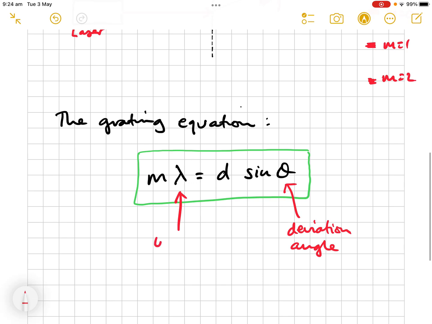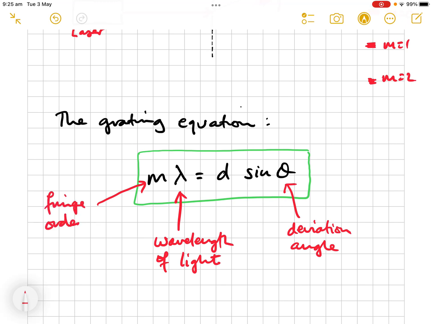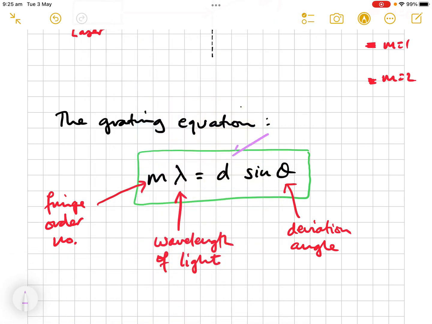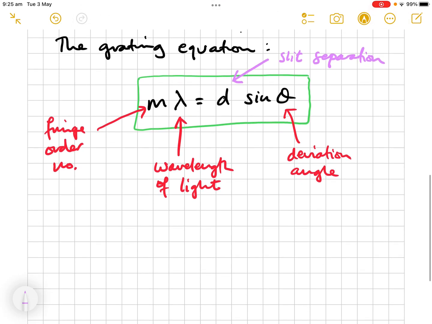Lambda, of course, is the wavelength of the light being used, and m is the fringe order number. Now, what about d, small d? Well, d is the slit separation. Let's just have a wee look at that below.